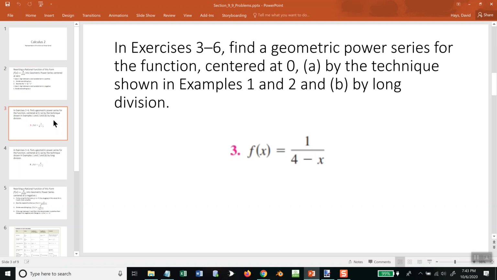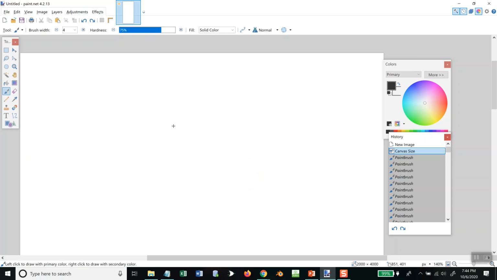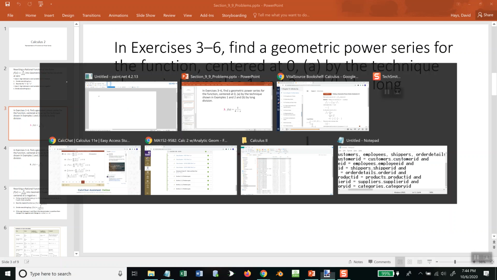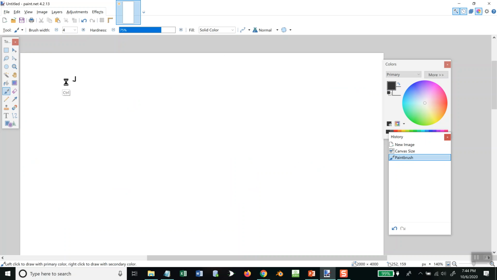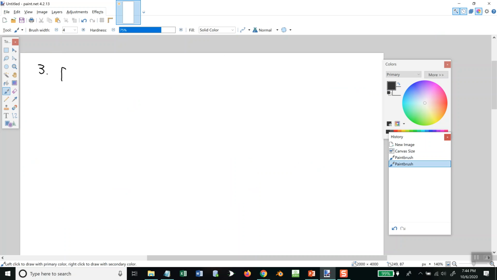So let's take a look at this problem. Number 3, f of x is equal to 1 over 4 minus x.